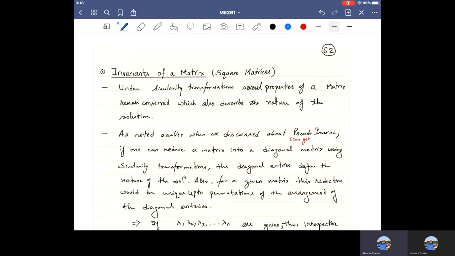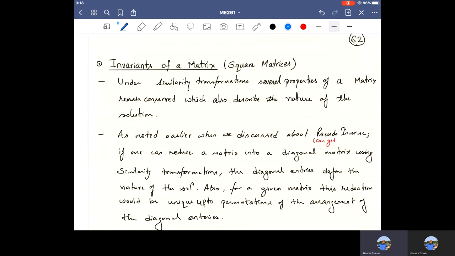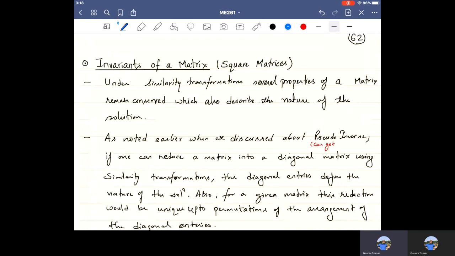Okay, now we'll move to the next topic, invariance of a matrix. Of course, I could have waited for the spectral decomposition to be introduced before this, but we can already talk about some invariance. And now that we have talked about the diagonal version of the matrix to which it is similar.